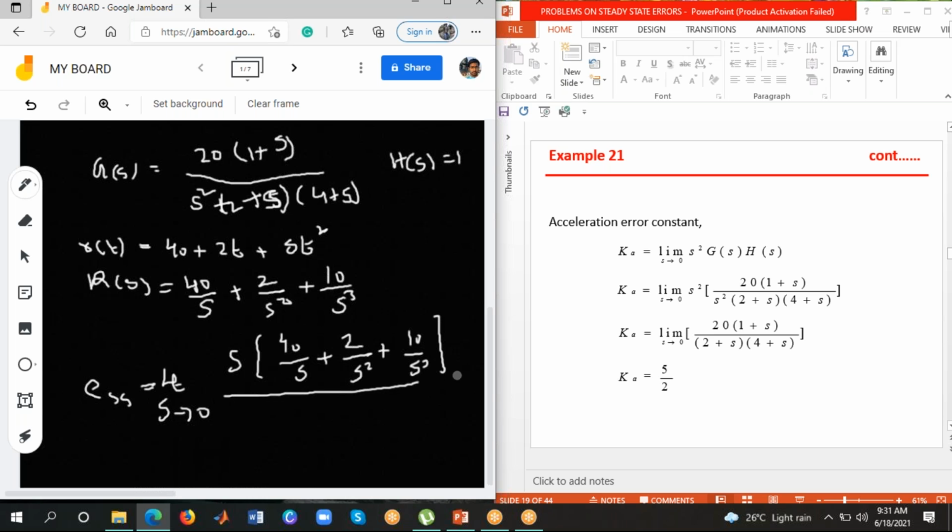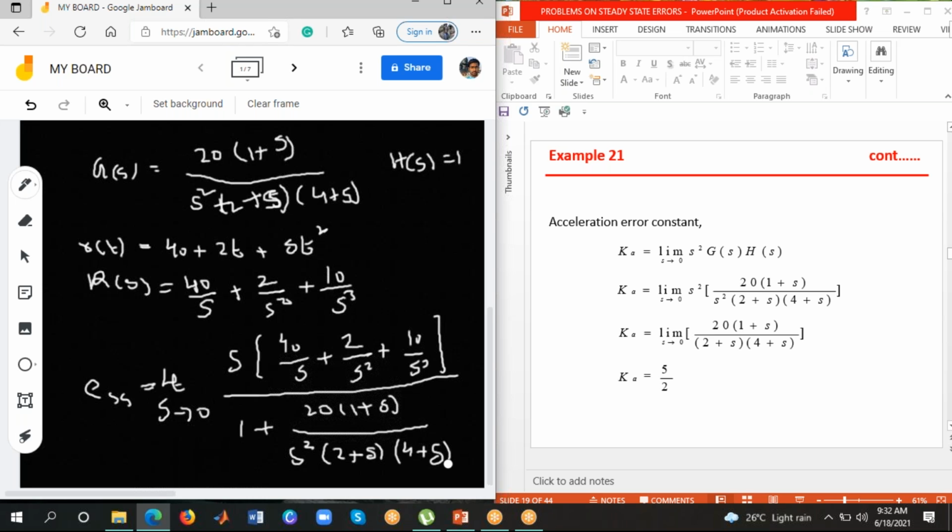Divided by 1 plus G of s, which is 21 plus s divided by s square into 2 plus s into 4 plus s.